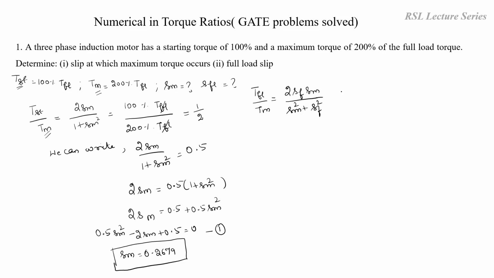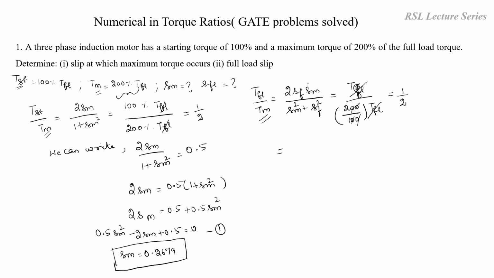Now, the maximum torque is 200% of the full load torque, so Tm can be written as 2 into full load, and the full load torque and full load torque will get cancelled. The remaining term will be 1 by 2. Similar to the previous case, we get 1 by 2, or 0.5, over here.